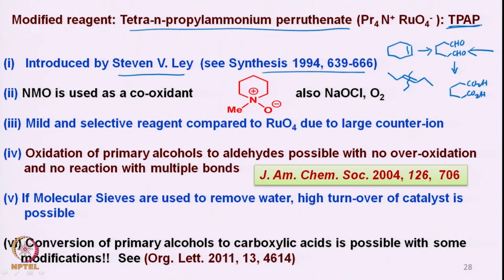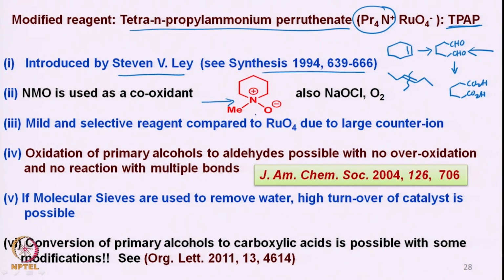In this reagent system, the good point is that it has a large counter cation, and that is useful because it allows normal organic solvents to be used. In this reagent system, a co-oxidant which is also soluble in organic solvents can be used, and mostly it is NMO, that is N-methyl morpholine oxide.